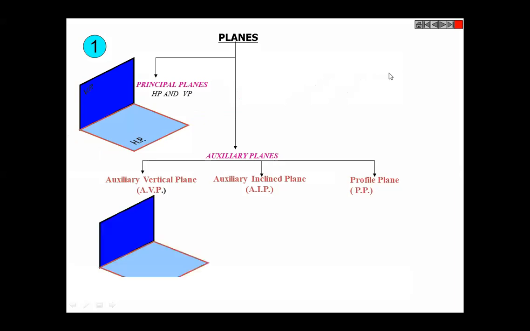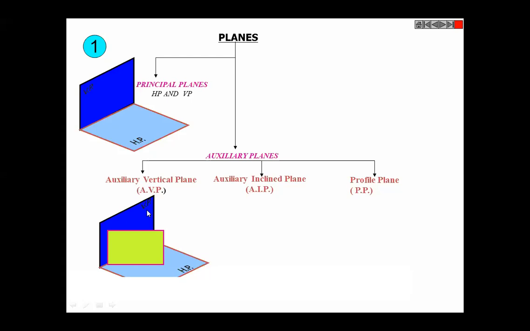So this is the auxiliary vertical plane. It is vertical means it is perpendicular to horizontal. We need to understand it in this way. We are saying it auxiliary vertical plane. So how is it vertical? Because it is perpendicular to horizontal. That's why it is vertical. Otherwise, it is inclined to the vertical plane; it can be anything, even parallel to the vertical plane.